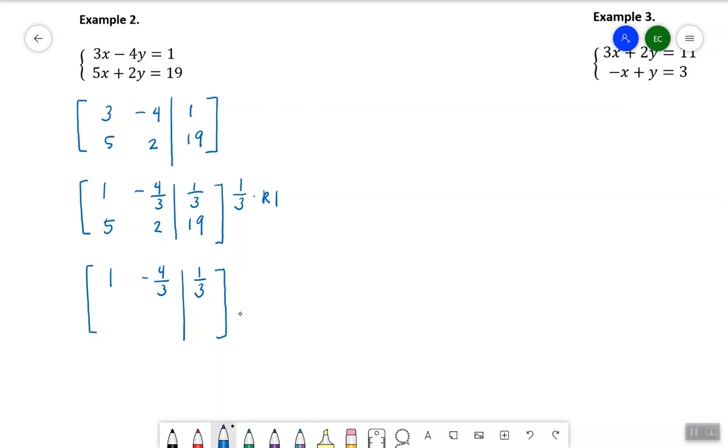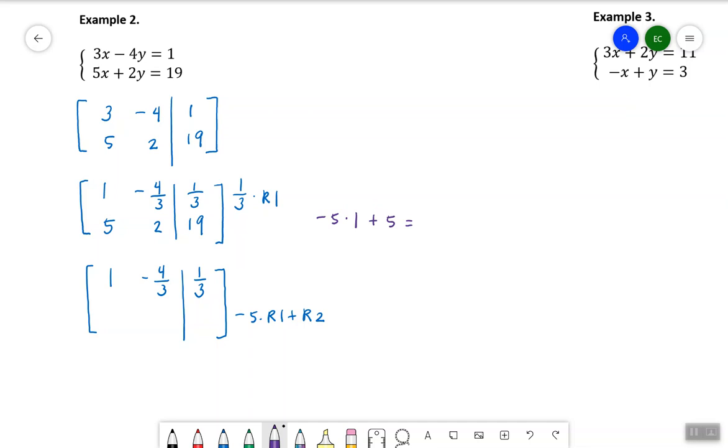So that would be -5 times row 1, and then that just gets added to row 2. It would be worthwhile if we came out to the side and showed just what that looks like. Column by column, we're going to do -5 times the entry in row 1 plus the entry in row 2. So that would be -5 times 1 plus 5.